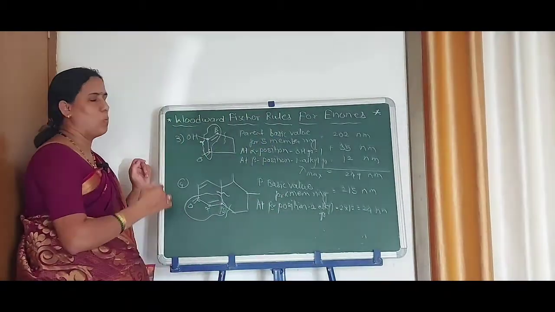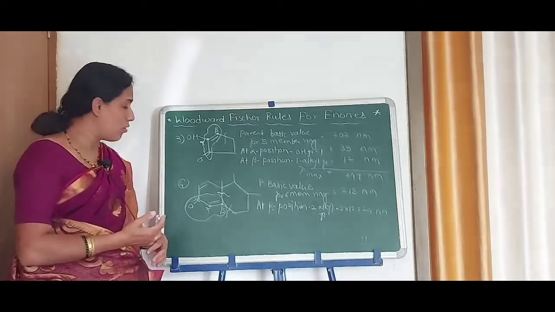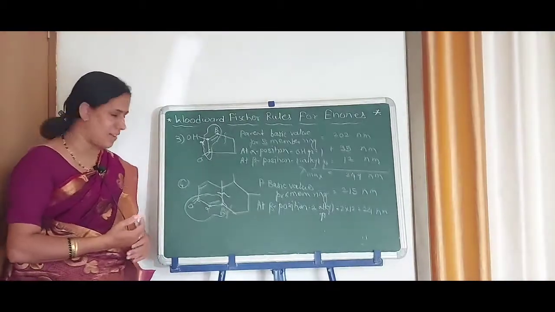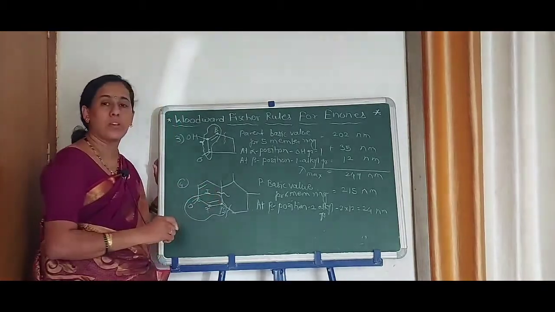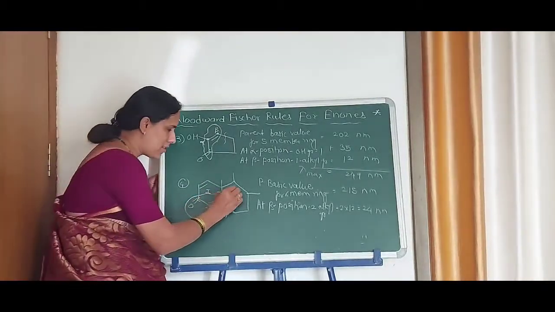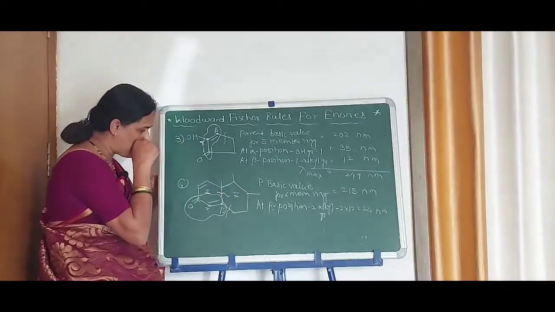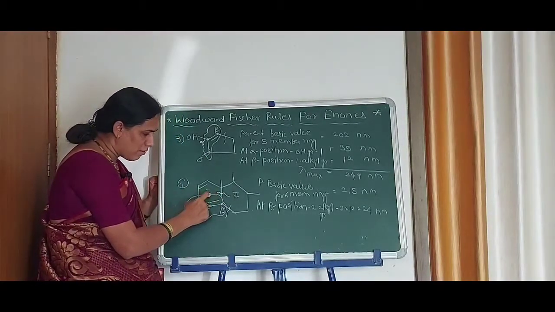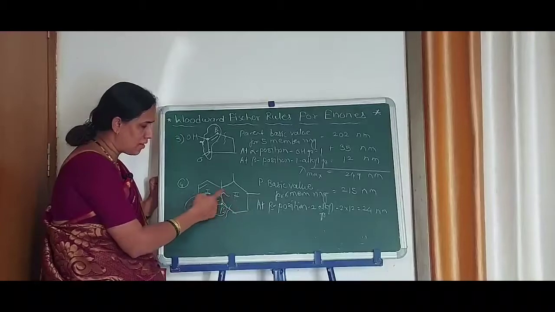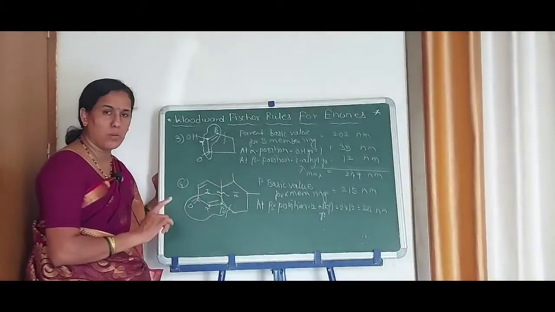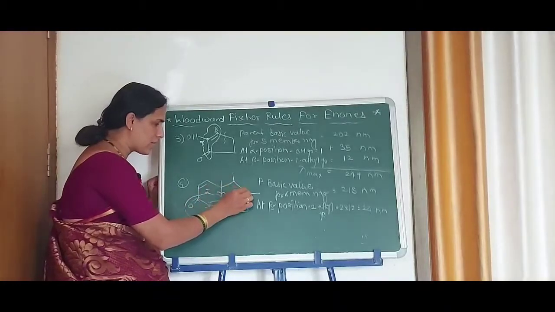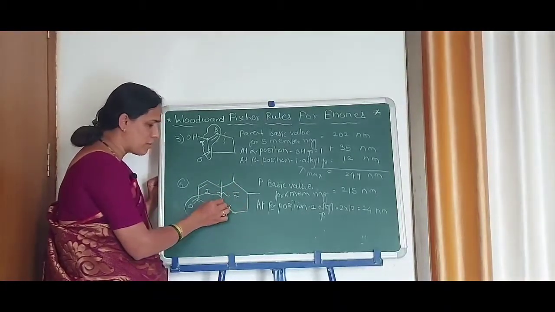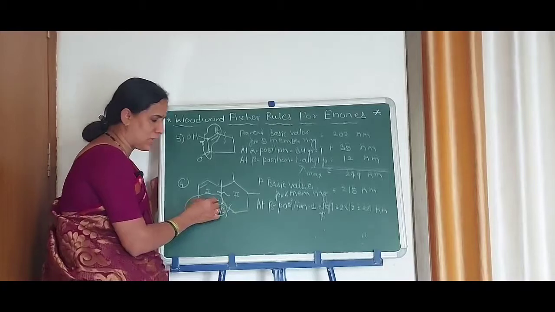Now, one more thing you have to add, that is the exocyclic double bond. Suppose this is ring first, this is ring second. With respect to the first ring, what is the number of exocyclic double bonds? No. But with respect to the second ring, these are the corners 1, 2, 3, 4, 5, 6, and this is the exocyclic double bond.